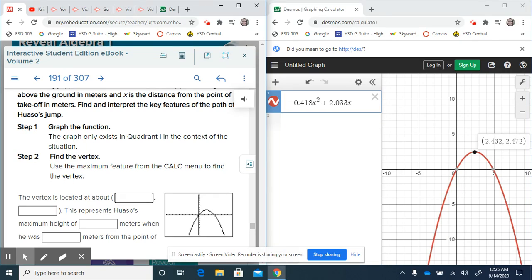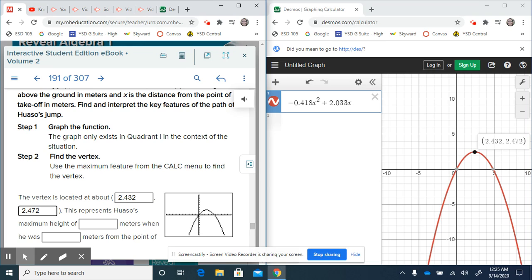So our vertex is located at 2.432 and our y value is 2.472.